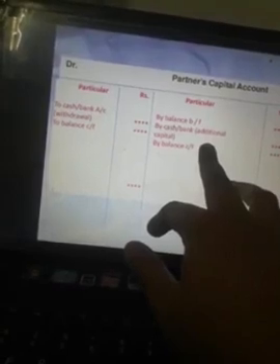In the partners capital account, only these four entries are going to be passed. That will be the opening balance, the additional capital if introduced, any withdrawal of capital if done, and the closing balance of the capital.